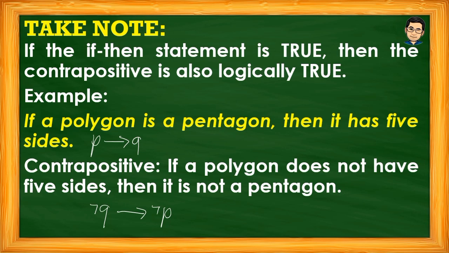Okay, so, kung ito po, yung if-then statement natin is true, ang contrapositive natin is also true. So, kung i-analyze natin siya, if a polygon does not have 5 sides, then it is not a pentagon. Tama nga naman. So, kung yung given polygon, hindi siya 5-sided, therefore, hindi po siya considered as pentagon.